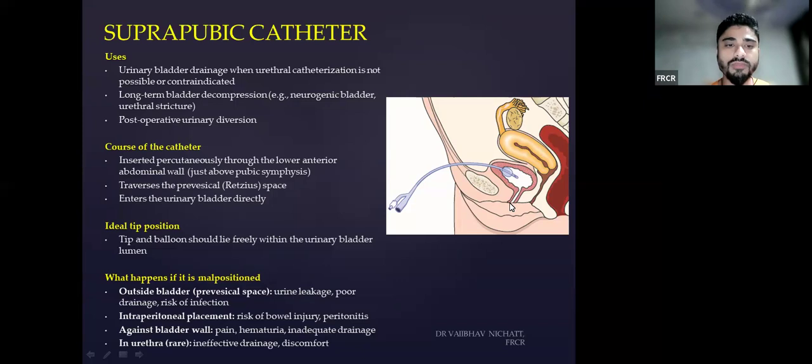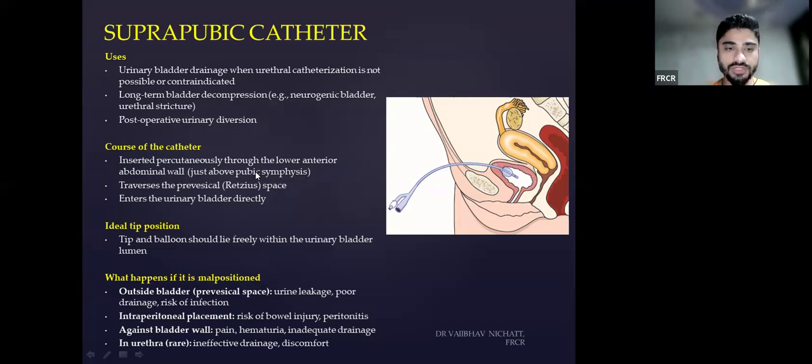Whenever long-term bladder catheterization is needed, instead of putting the Foley's catheter, which has higher risk of cystitis or any associated complication, in such patients, suprapubic catheter is placed, commonly in cases of neurogenic bladder and urethral strictures. And also suprapubic catheter is placed in cases of post-operative urinary diversion.